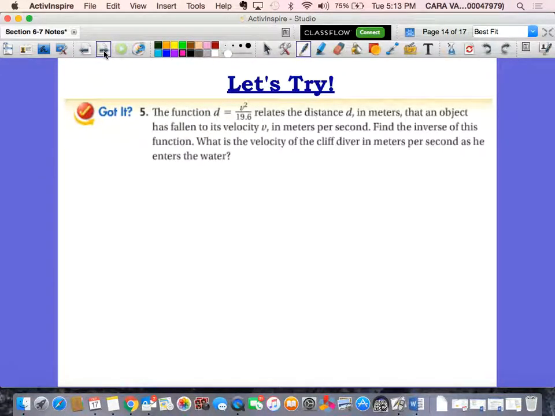So let's try it ourselves. The function d equals v squared over 19.6 relates the distance in meters that an object has fallen to its velocity in meters per second. This is another very crucial formula that scientists use, so we don't want to go messing with it. If we want to find the inverse, we just want to solve for v. So we have d is equal to v squared over 19.6.